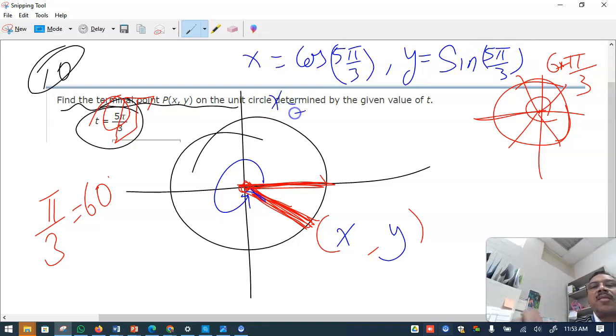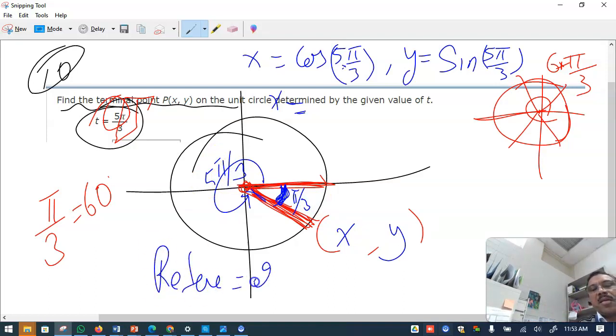Now the reference angle is going to be pi by 3, which is 60 degrees, because this is 5 pi by 3, right? So how do we find the reference angle? The reference angle is 2 pi minus 5 pi by 3.